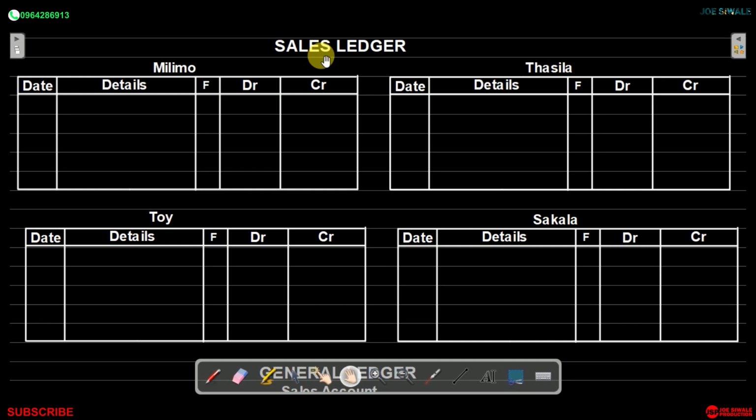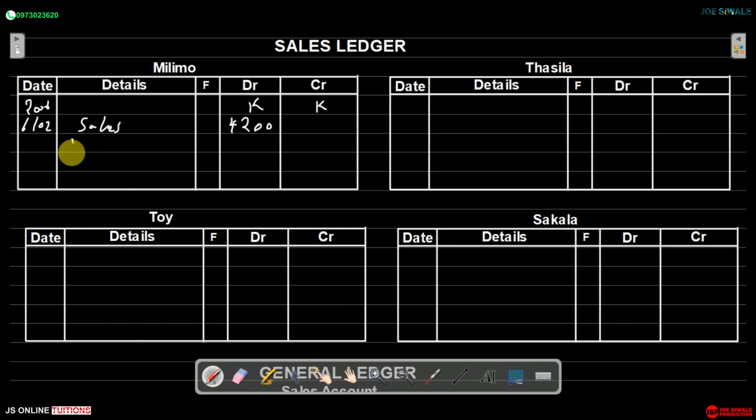So we're going to write that date. We're going to say 2006. We're going to put our kwacha there. Since we only have one transaction, and that transaction occurred on the 6th of February, we're going to say sales, and the amount is 4,200.